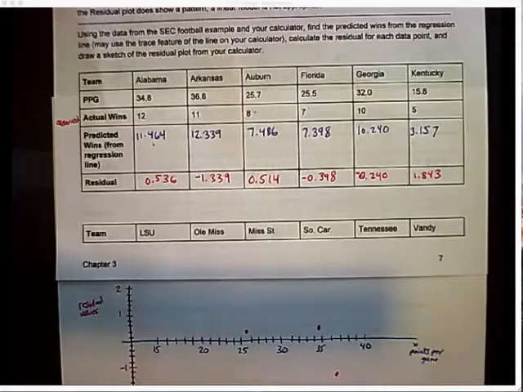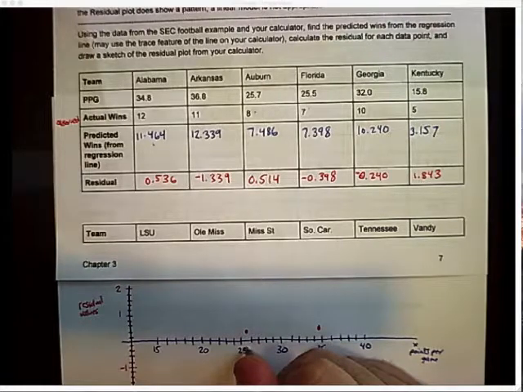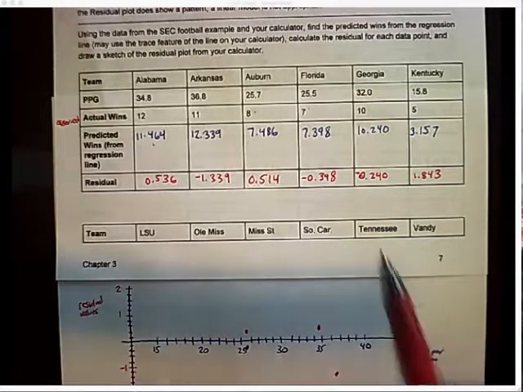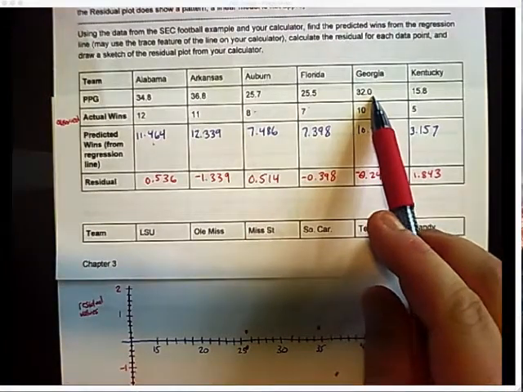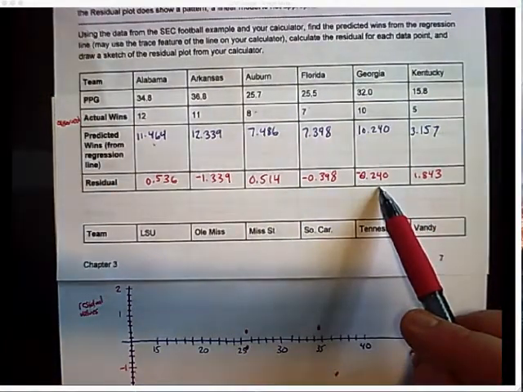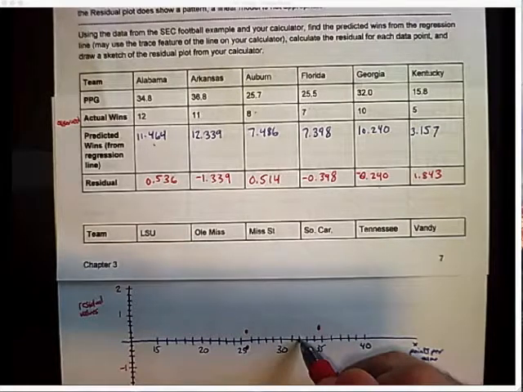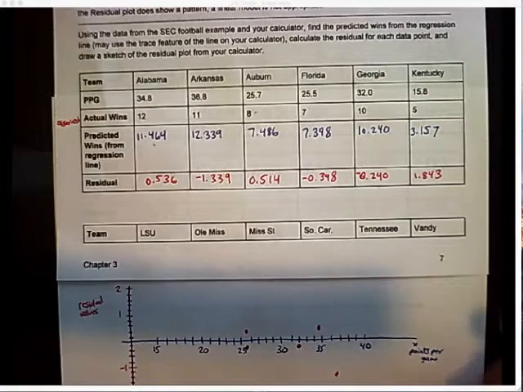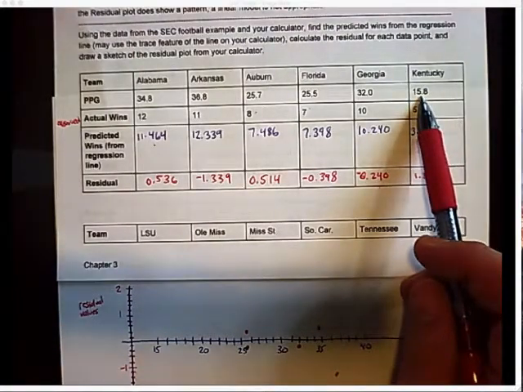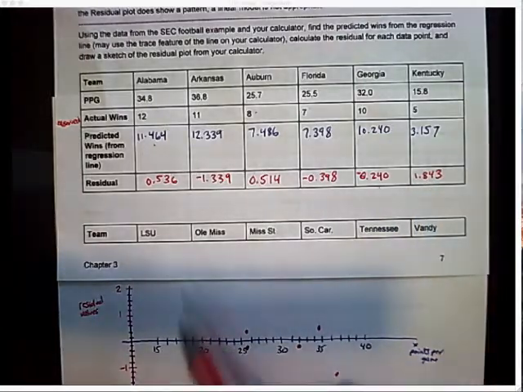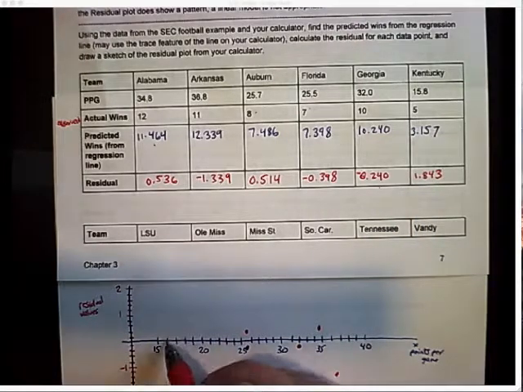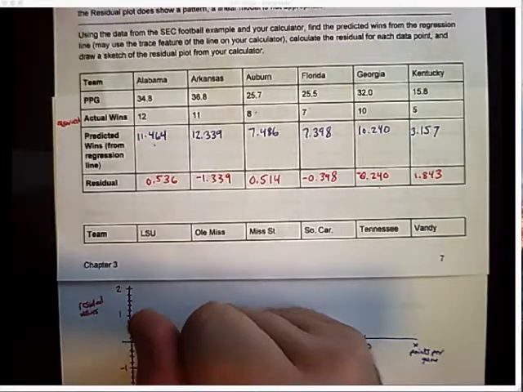Florida 25.5, residual of about -0.4. So that might be about right there. Georgia 32 points per game, residual of -0.2. So 32, -0.2. Kentucky about 16 points per game and about 1.8.